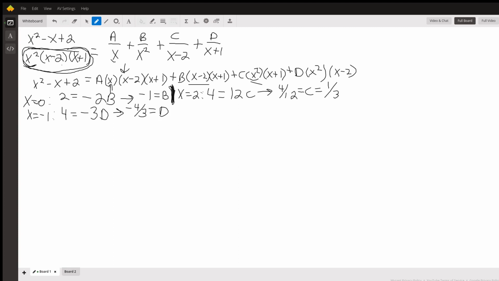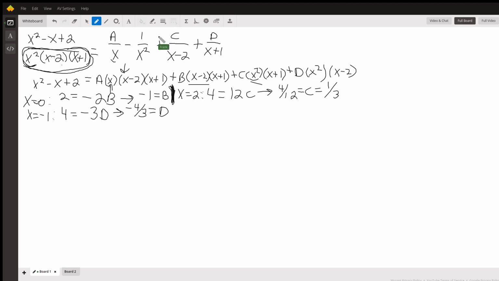So I found b. I found c. B is negative 1, c is 1/3, d is negative 4/3. Well, I might as well write them up here. B is negative 1, so I could write plus negative 1 over x squared, or I can put minus 1 over x squared. C is 1/3.